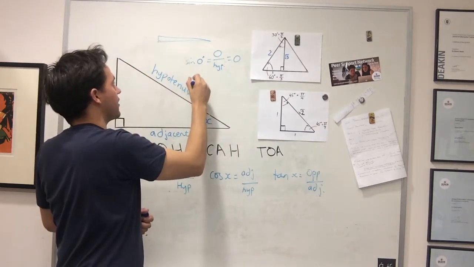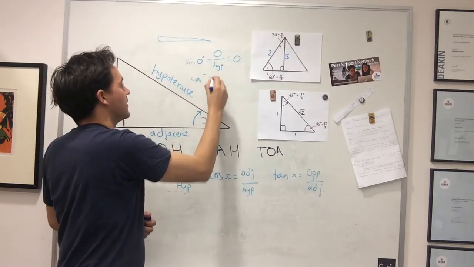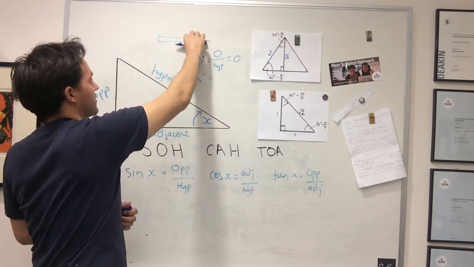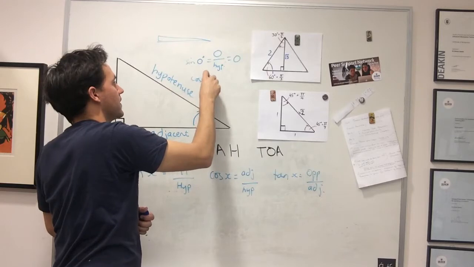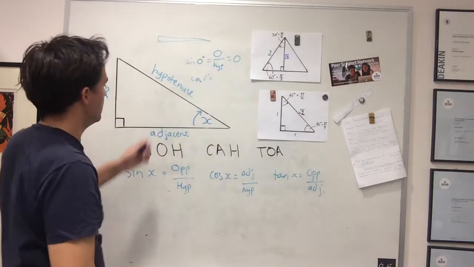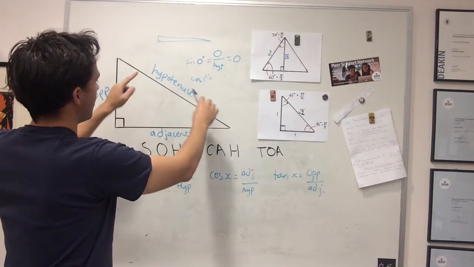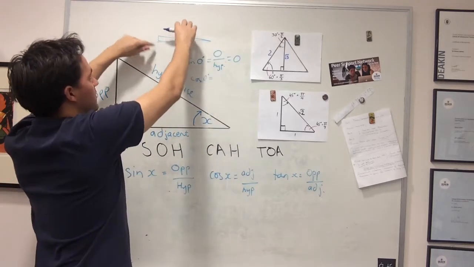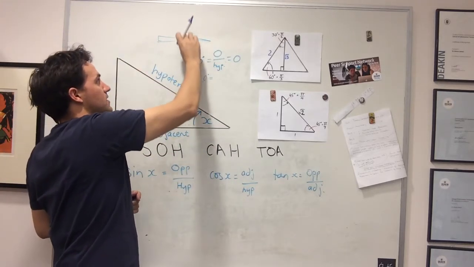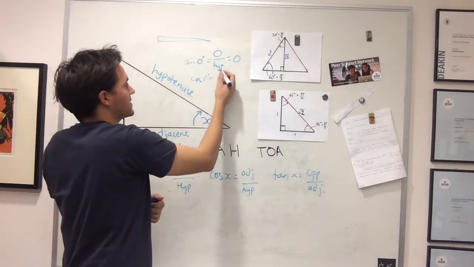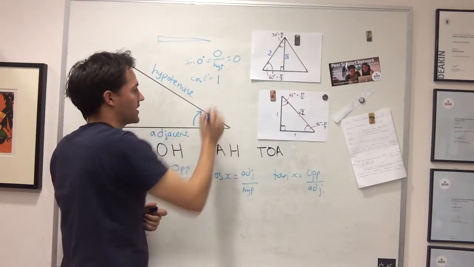On the other hand, for cosine, as that triangle gets smaller and smaller, say cosine of 0 degrees, it's the adjacent over hypotenuse. As this becomes thinner and thinner, the side here, as a ratio with the hypotenuse, ends up being almost the same, so it ends up being close to 1.